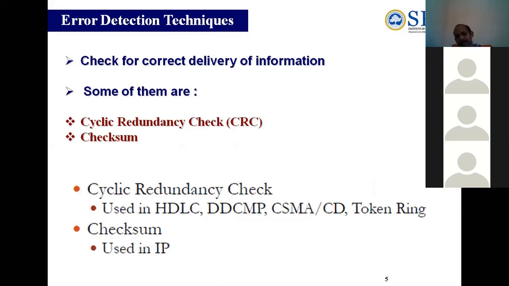This is the most popularly used error detection mechanism to check whether any bit has been changed on the receiving side. One more mechanism is called checksum. Today we are going to discuss this cyclic redundancy check, which is one of the error detection mechanisms. Clear up to this?